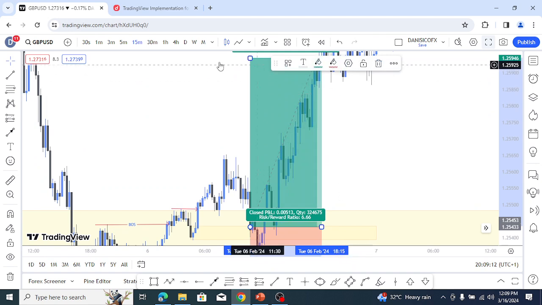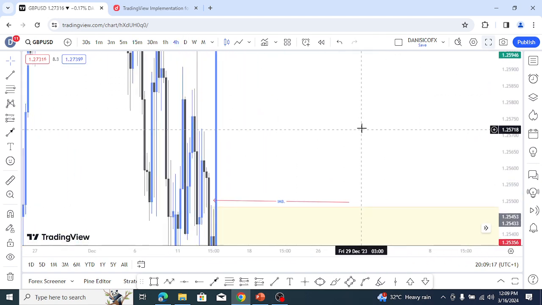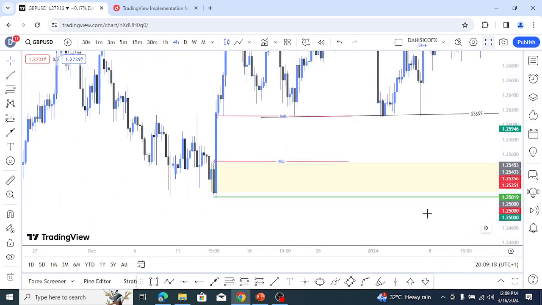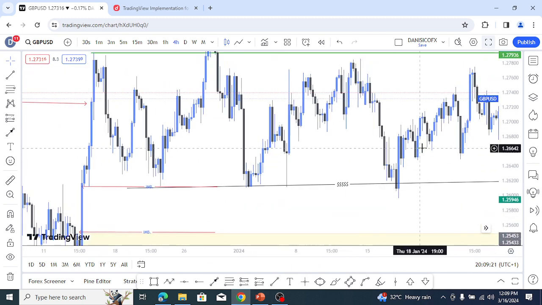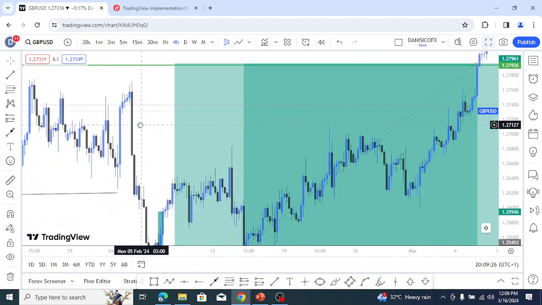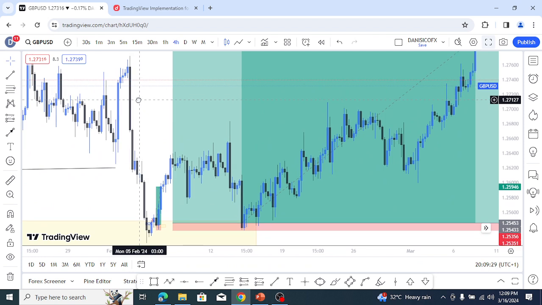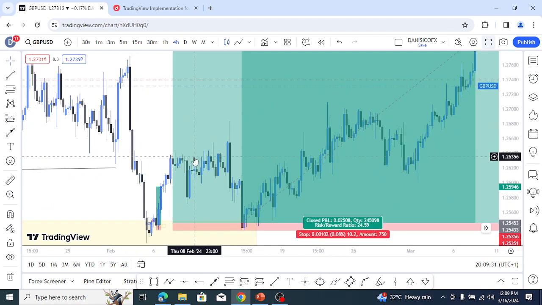Then your target will be the 4-hour high. So here will be your target. This 4-hour high will be your target.